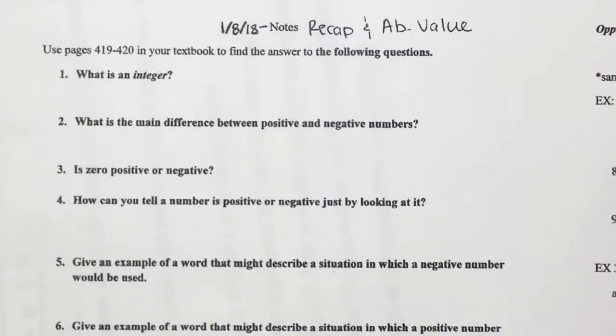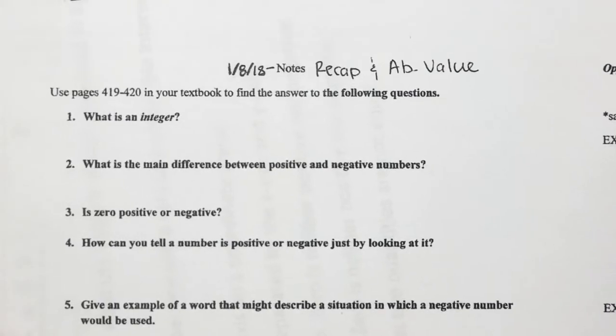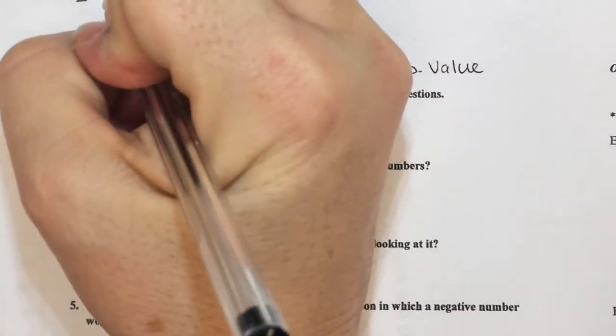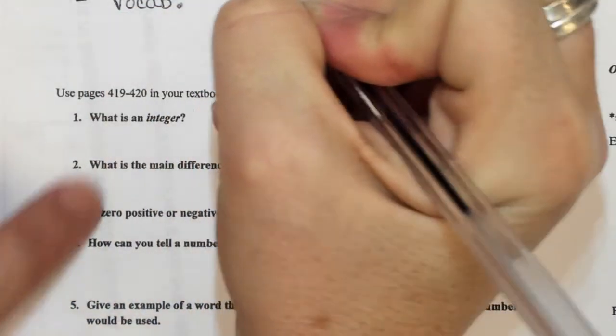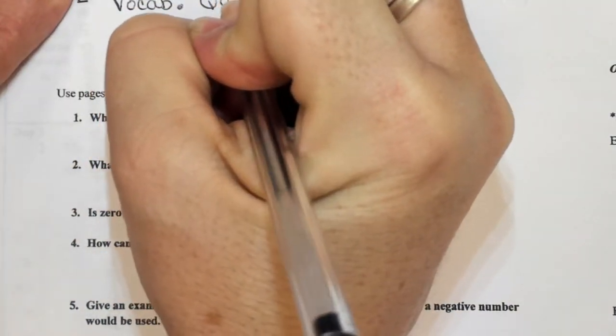I will say real quick so I can say that you wrote it down. If you want to practice vocab, you might want to write this on the top of your page. The vocab is on Quizlet.